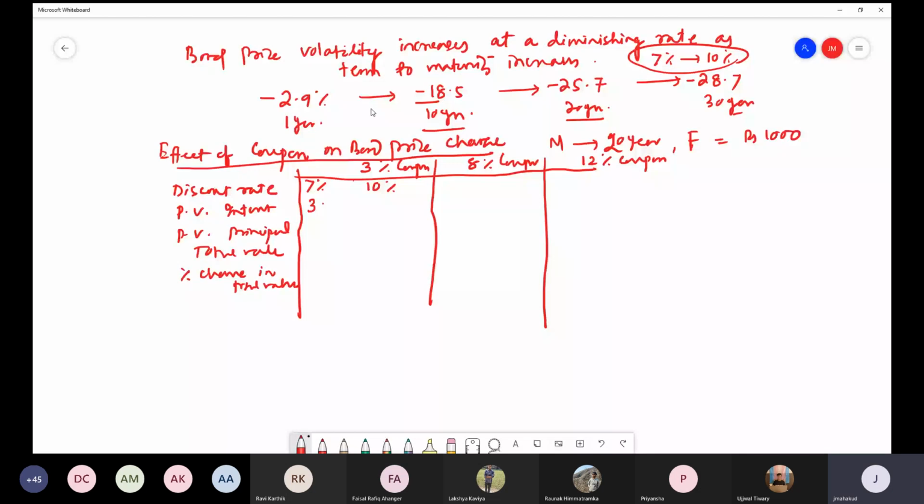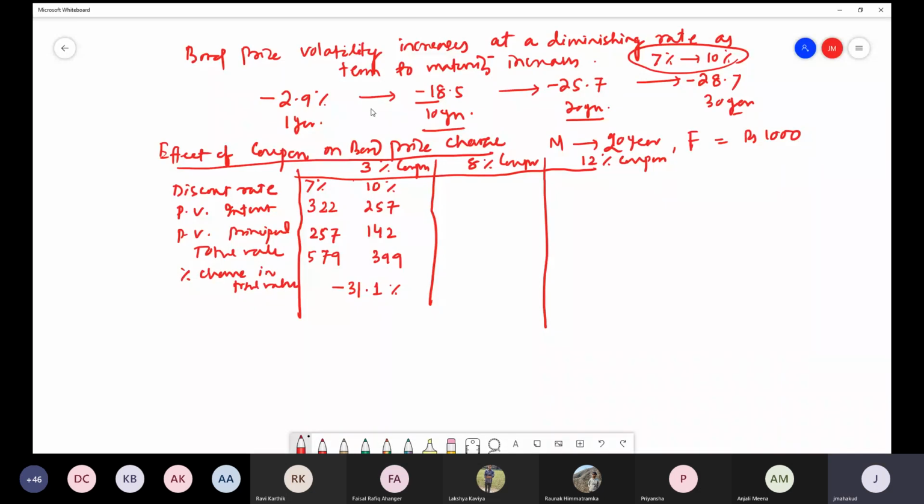Then your present value of the principal will be 257. Then your total value is coming 579. And at the rate of 10%, this value will become 257, this value will become 142. Then your total value has come 399. So there is a change of 31.1%.